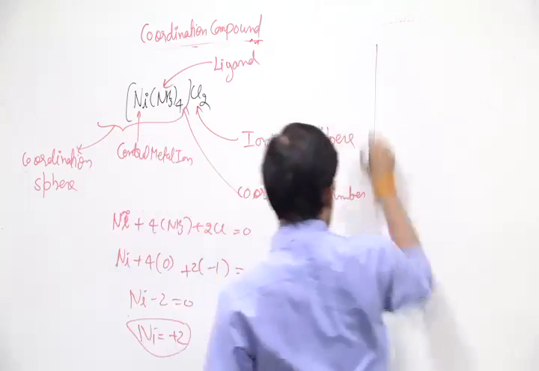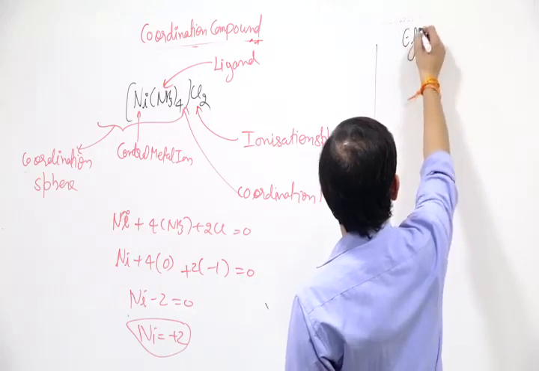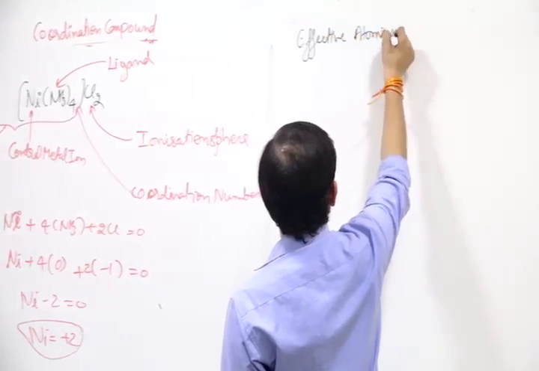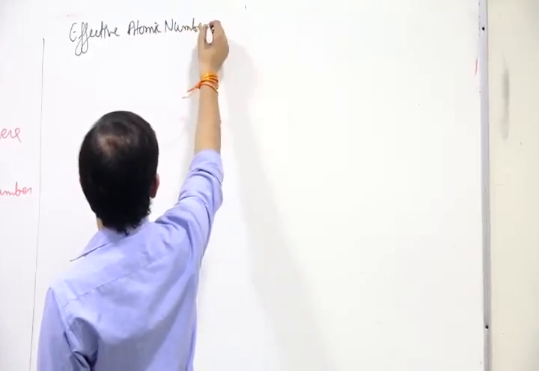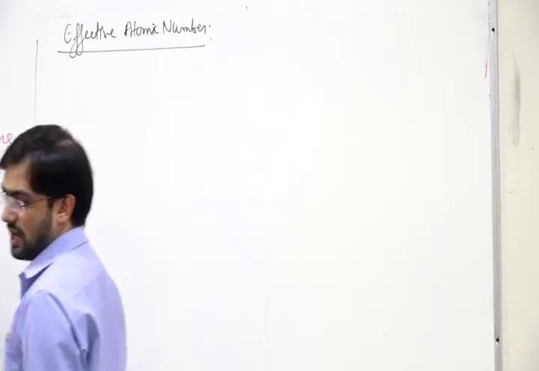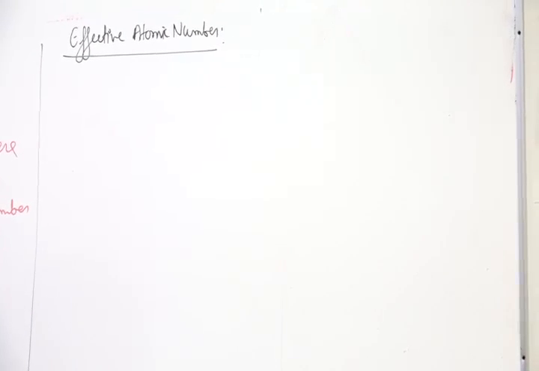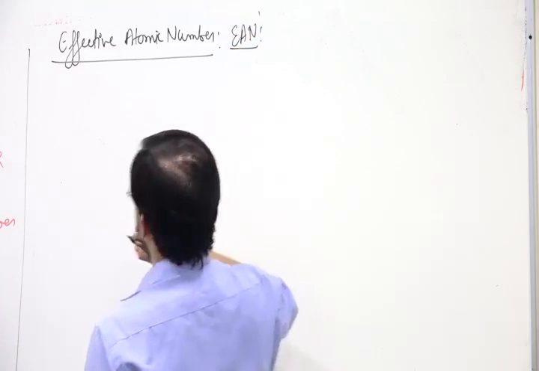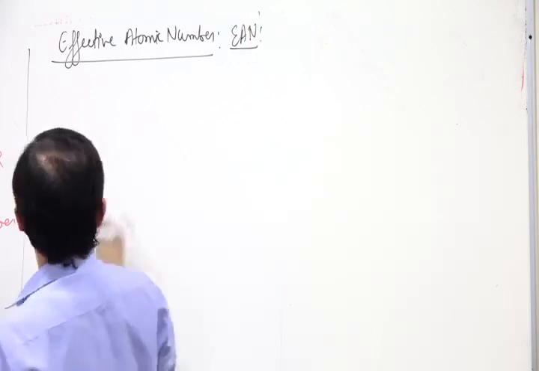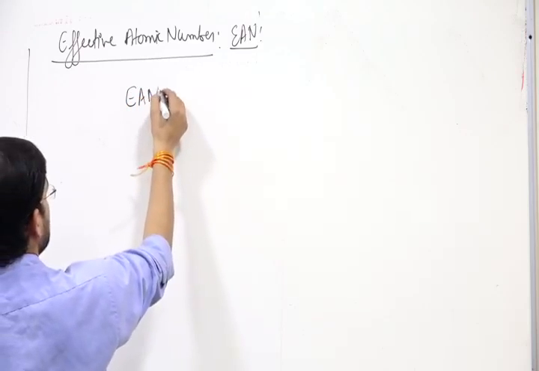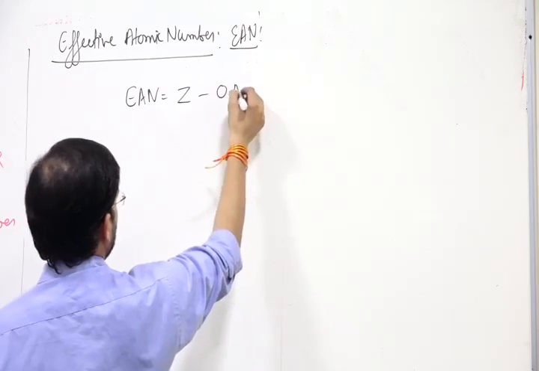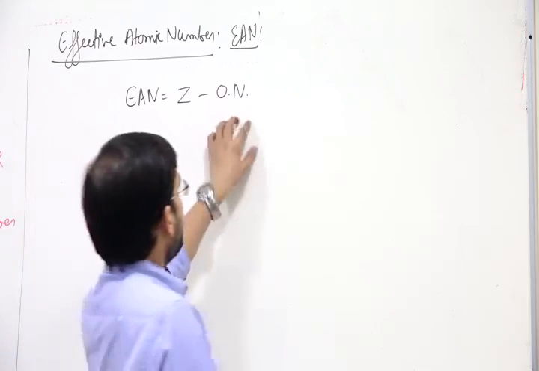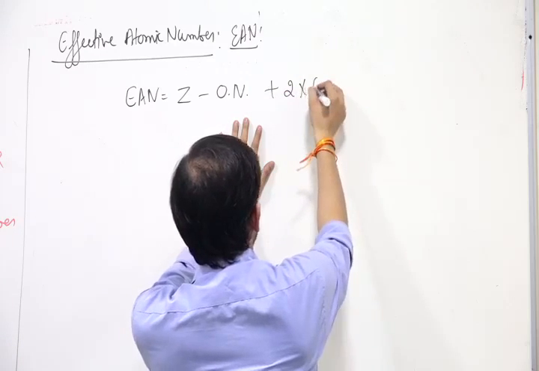Okay, next heading is theory: Effective atomic number, which is denoted by EAN. So EAN is equal to Z minus oxidation number plus 2 into coordination number.